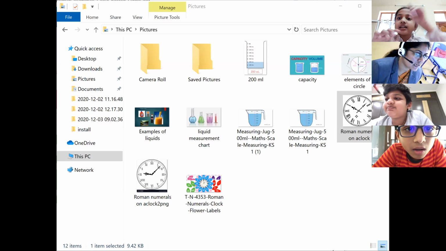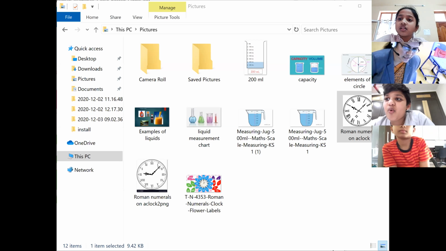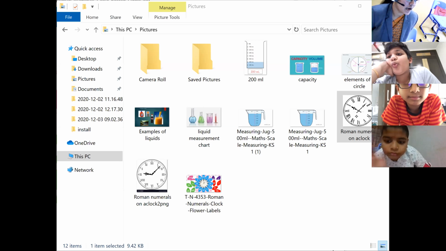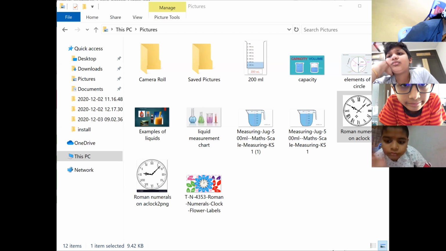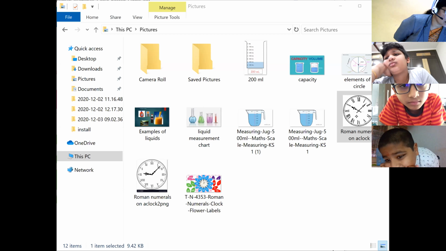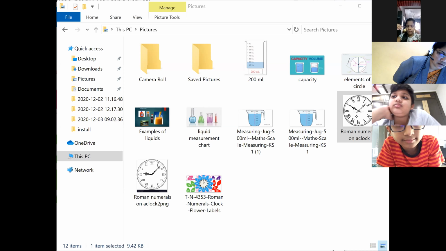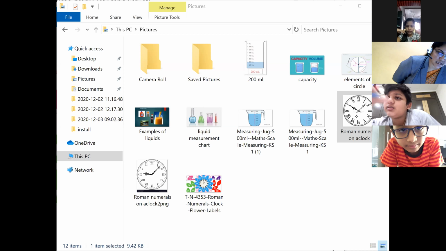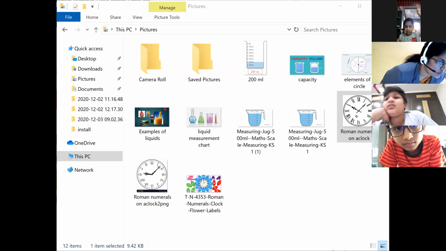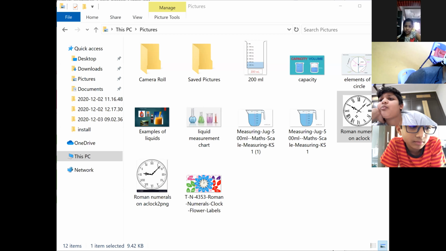Yes, it's 9:07. See, the hour hand is on 9, just past 9. And how many minutes have passed? You should look at the longer hand. The longer hand is on 7. 1 means 5 minutes passed, and after that 2 more minutes passed. So 7 minutes past 9. Right?